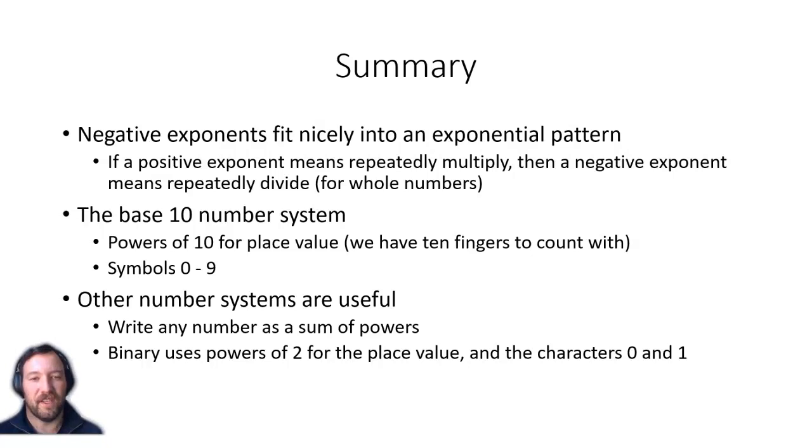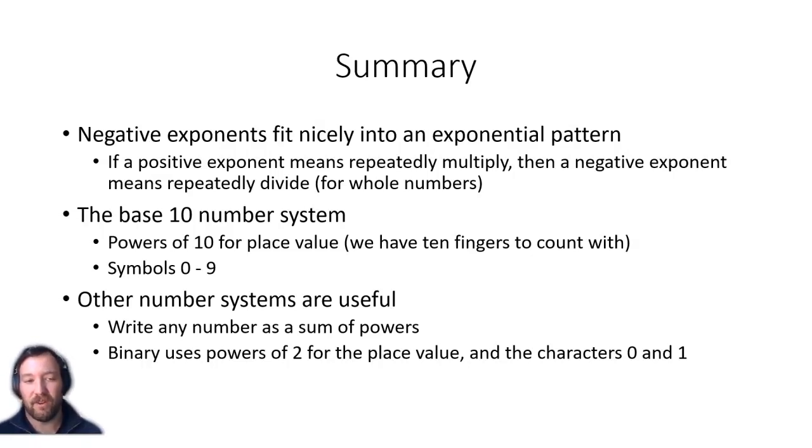So I'll wrap up this video, just a little summary. So negative exponents, you should be able to understand sort of why they were described as they were, how it fits into that little pattern, right? If a positive exponent means repeatedly multiply, a negative ought to mean repeatedly divide, at least for whole numbers. We recapped like elementary school stuff about place value, except we wrote it a little more sophisticated.